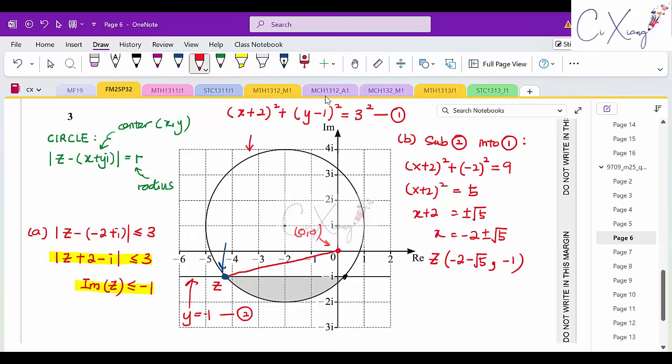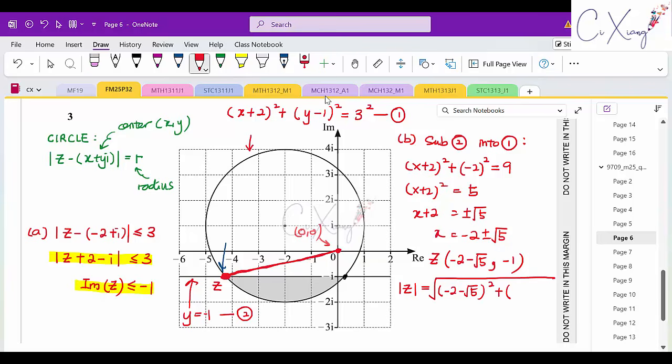Alright, so I want to find the distance between z and (0, 0) because I believe that this is the longest distance, the greatest distance between z and the origin. So how to find the modulus of z? You use the coordinates of these two points and find the distance. So it will be (x minus x1) squared, so (negative 2 minus square root 5) squared minus 0 squared, okay?